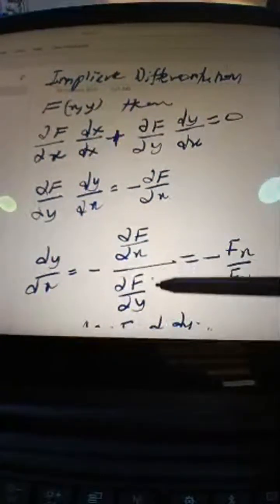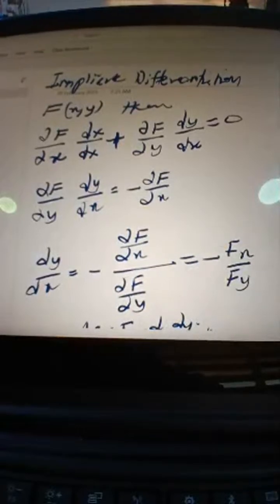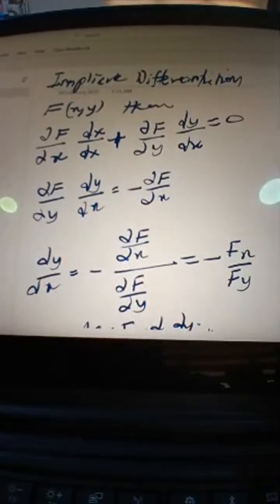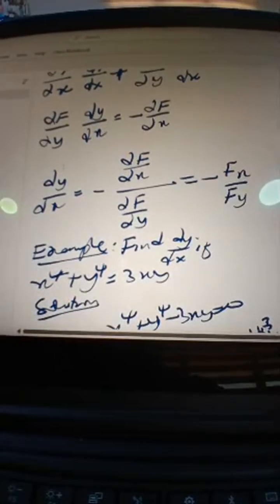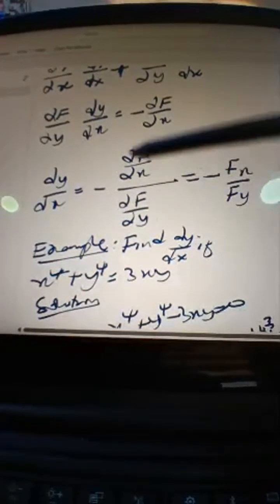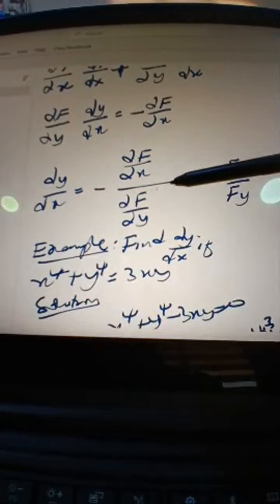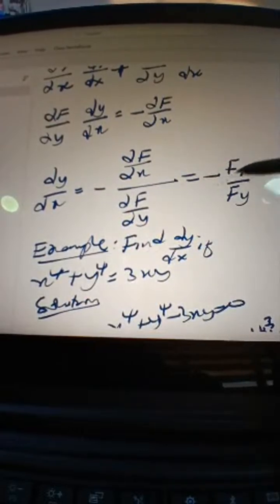Because we are making dy dx the subject, we get to this important point: our dy dx now becomes negative del f del x all over del f del y, and we can simplify it this way.